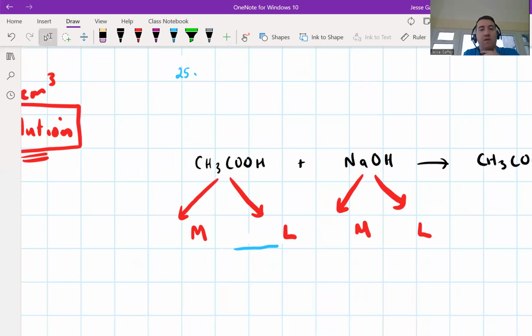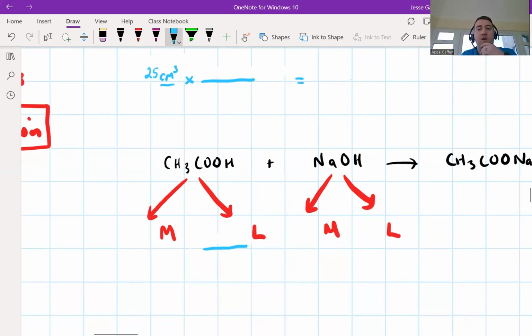If you've got 25 centimeters cubed, you're going to multiply that by a conversion factor that converts centimeters cubed to liters. So you set up a fraction, and we're going between centimeters cubed and liters. What we want is for centimeters cubed to cancel out and leave us with liters in our answer.